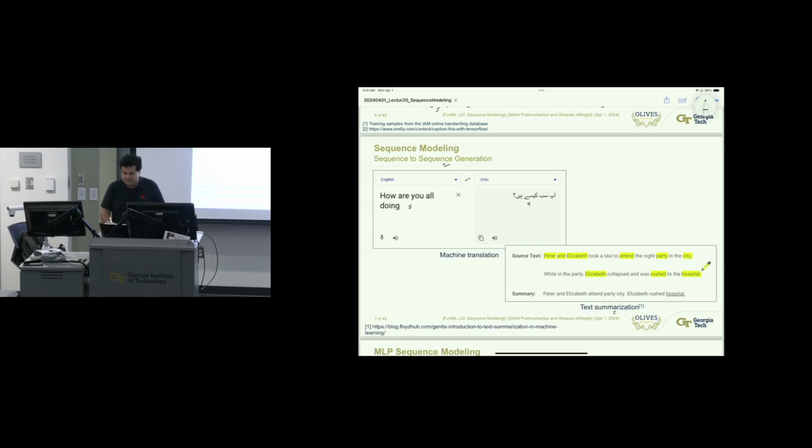Same thing with text summarization as well. Given a large source text, in this case it's a single sentence, the goal in summary is to summarize what this sentence is into a smaller set of words. Of course, this is the easiest and most trivial way of summary, which is basically recognizing the most important parts in a sentence and reproducing those same results, and taking out all the extra parts like took a taxi to the night, while in the party, and so on.